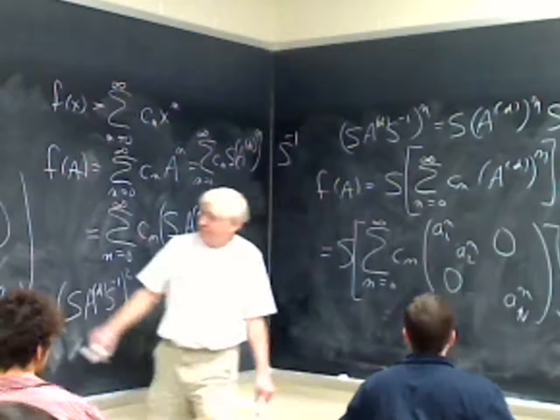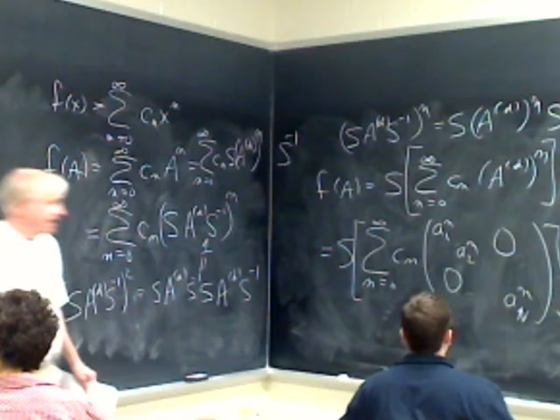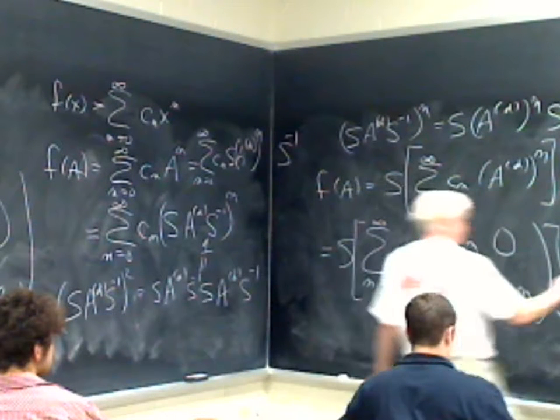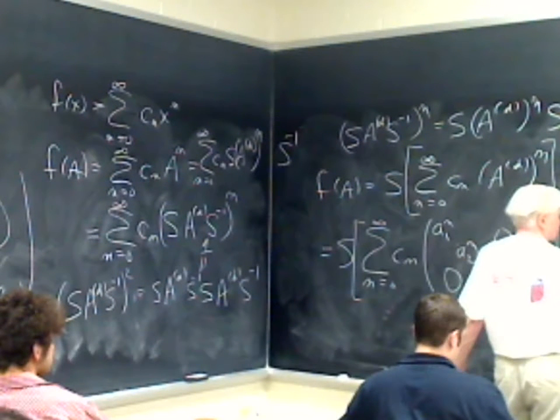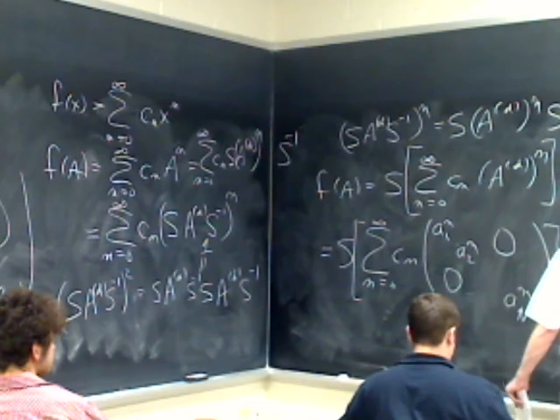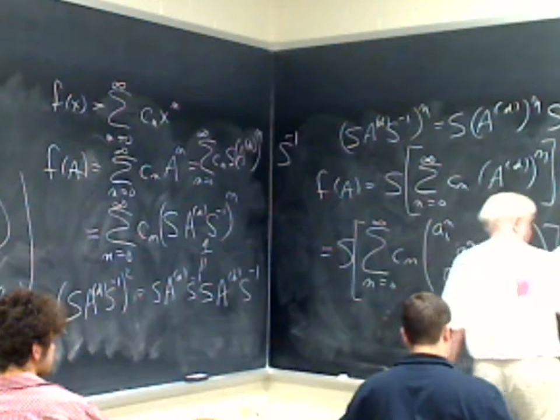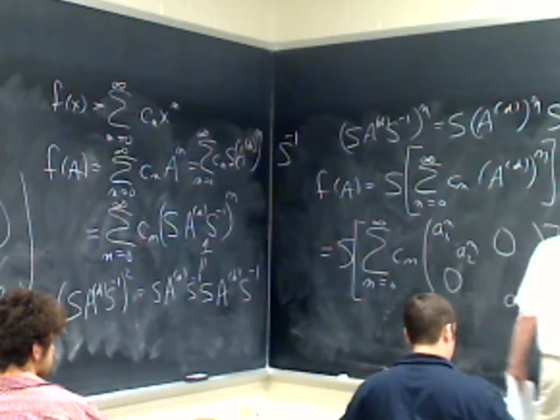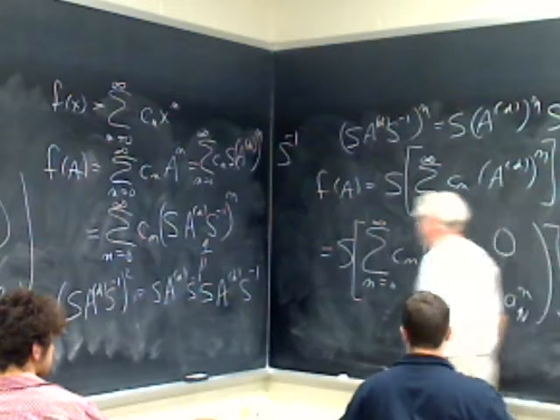But then that is just f of A diagonal. And so this is S f of A diagonal S inverse, S, not S inverse. Okay. So that's the result.